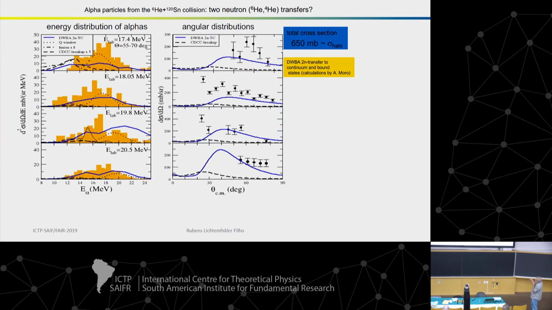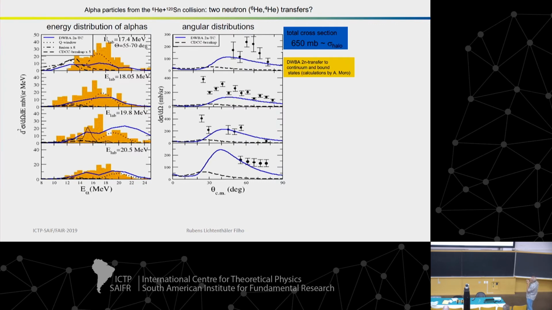On the left side, I plot the probabilities of the alpha particles, the cross-section, as a function of the alpha particle energy. It's basically the projection of that bump that I showed you with the alpha particles for different incident energies. And you see that this is located more or less around the Q window expected for the transfer.